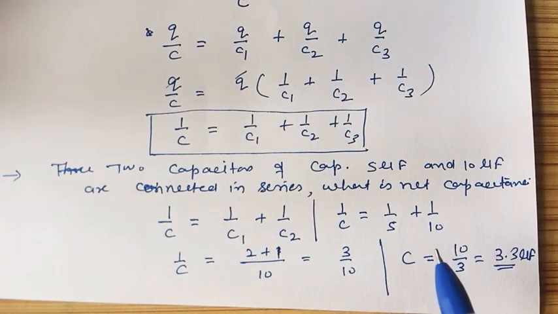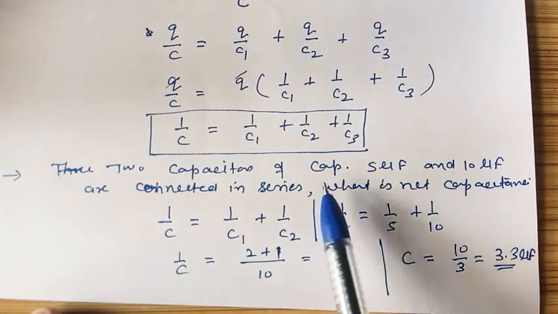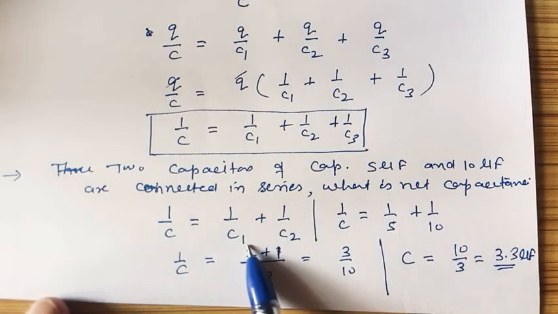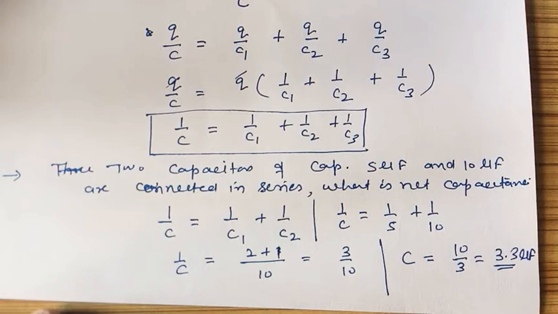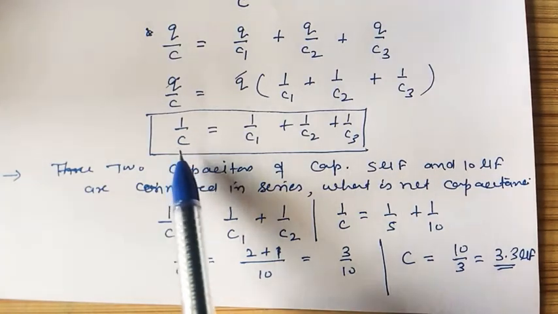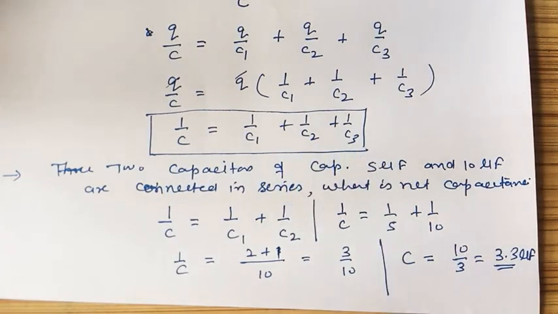So if you want less capacitance, what will you do? You will combine these capacitors in series. So this is the important conclusion here: when you connect capacitors in series, the net capacitance will decrease. Now, in the next topic, we will discuss capacitors in parallel.